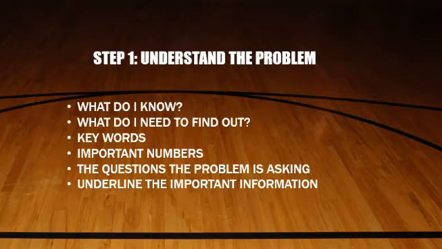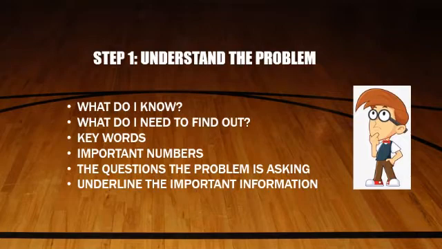Looking for important clues means keywords, important numbers, also the questions the problem asks. Better to underline the important information. We should understand the question very well. Once you understand the problem, then you have time to make a best plan to solve the question. And then you can choose the best possibility to solve the problem.